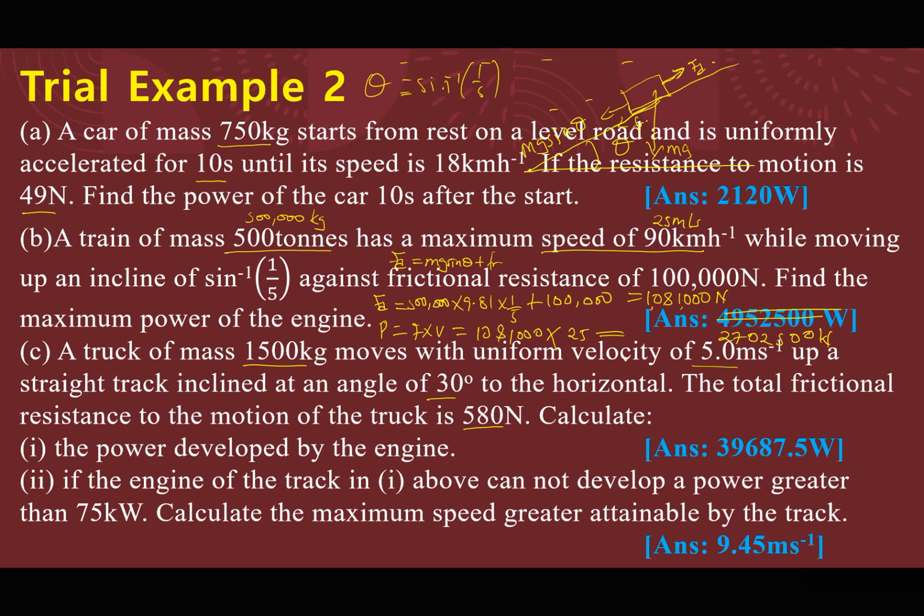Since the velocity is uniform, total forces up the plane should be equal to total forces down the plane. The driving force from the engine up the plane should be equal to the total forces down the plane, which is mg sine of theta plus the frictional force down the plane if it is going up the plane.